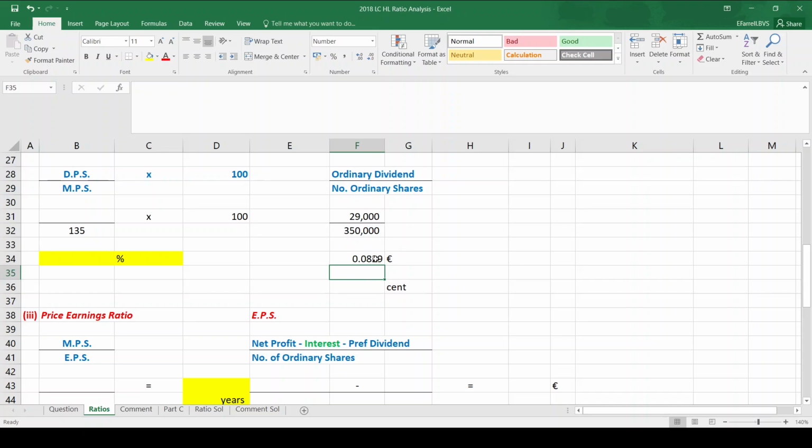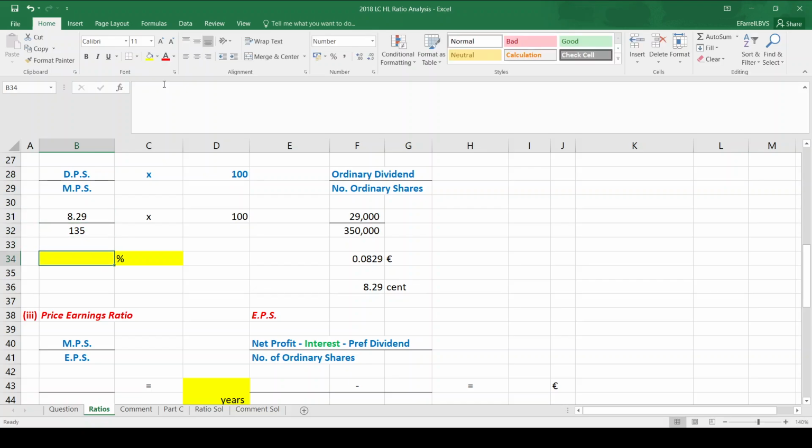So to get it into cent, I'm just going to move the decimal over 2 places, so it's going to be 8.29 cent. Okay, so now I know my dividend per share is 8.29.